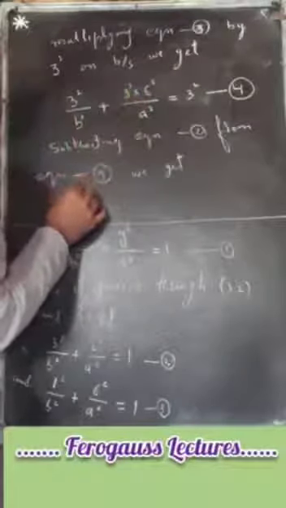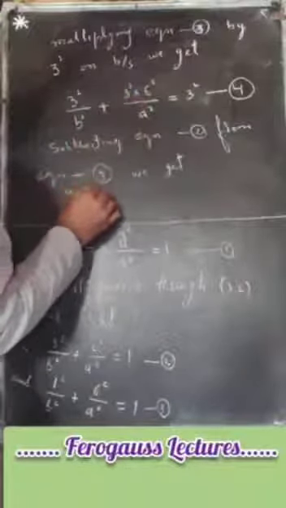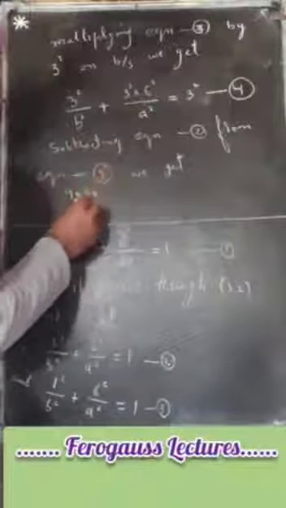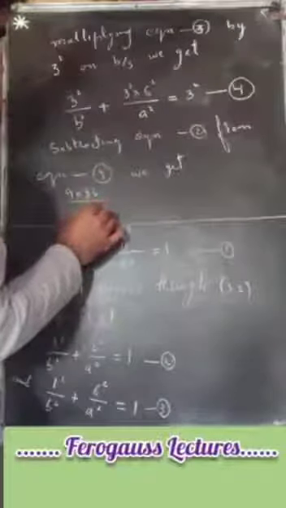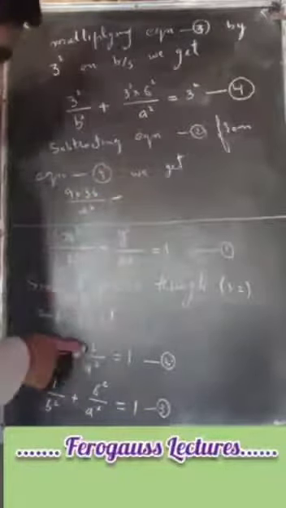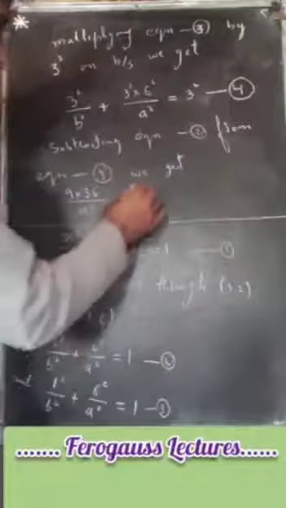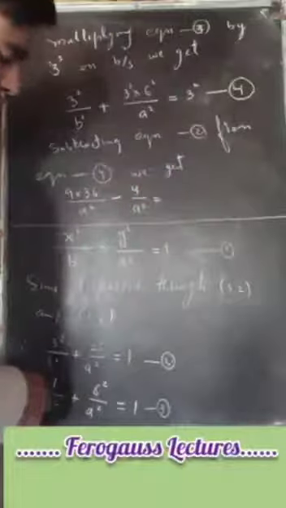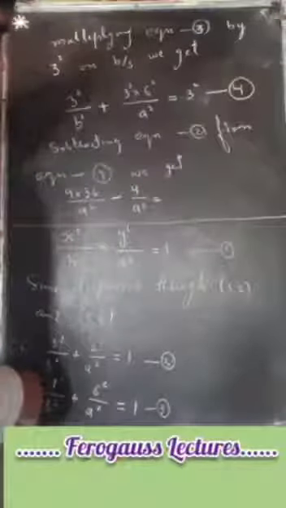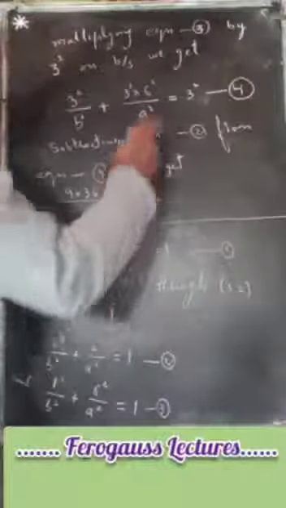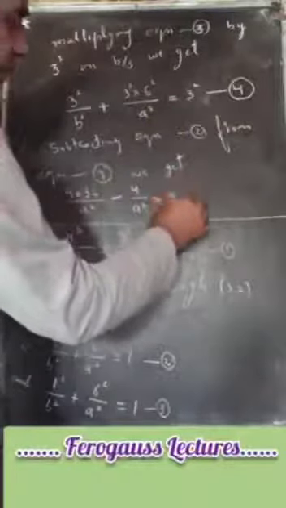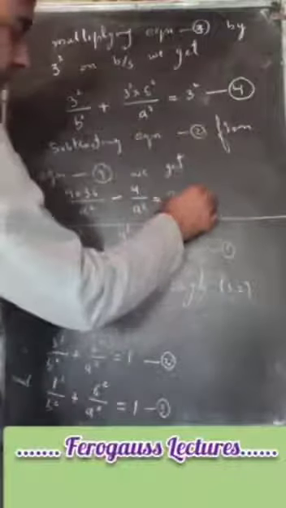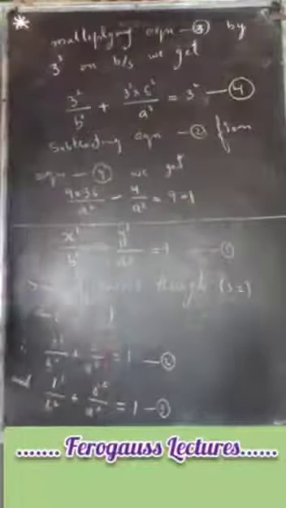That is 9 into 36 divided by a square, minus 2 square, that is 4, divided by a square equal to 3 square, that is 9, minus 1.